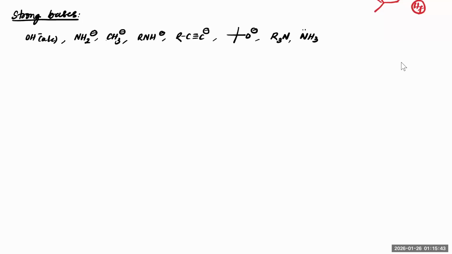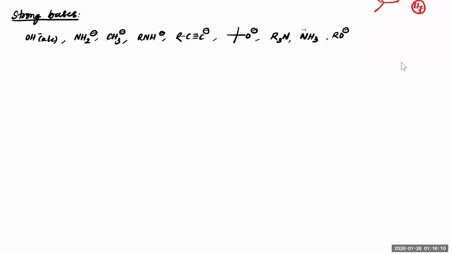These we always assume to be strong bases, and we always try to make sure RO minus also, if only RO minus is given, and we always consider them to go more for elimination rather than substitution, or most often we expect that to go for E2 elimination only.